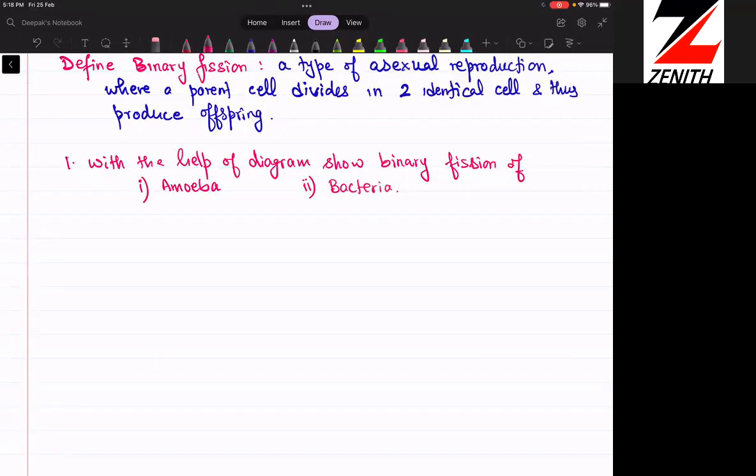How the binary fission will be different in both the cases, anyone?